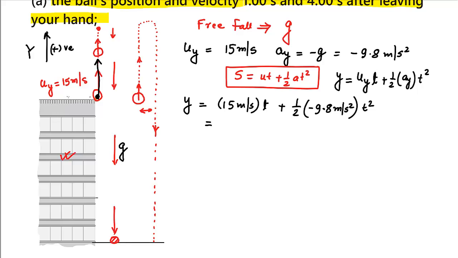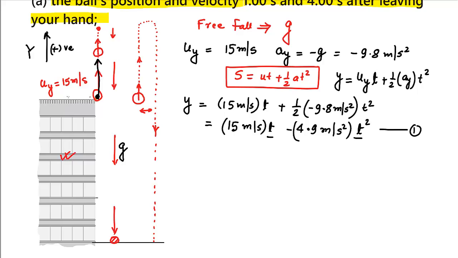So y will be 15 meter per second times t minus 4.9 meter per second square times t square. So this is the expression for y. If I plug the value of t in this expression, I can calculate y.